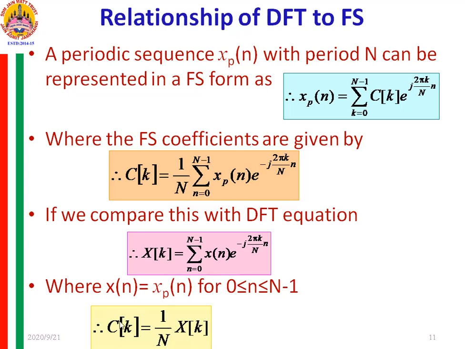Now the DFS coefficients and DFT coefficients are related by Ck equal to 1 by N X of k. This is possible if x of n is equal to xp of n for n varying from 0 to N minus 1. If these two are not equal, then this relationship is not valid. Or I can also say that X of k is equal to capital N into Ck.